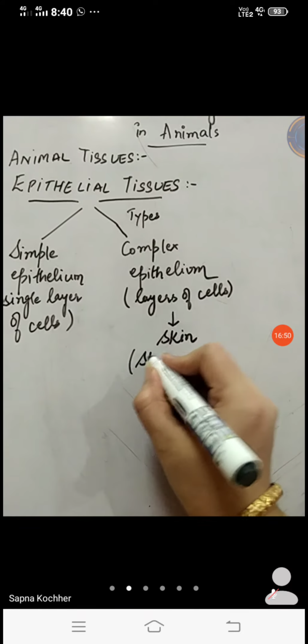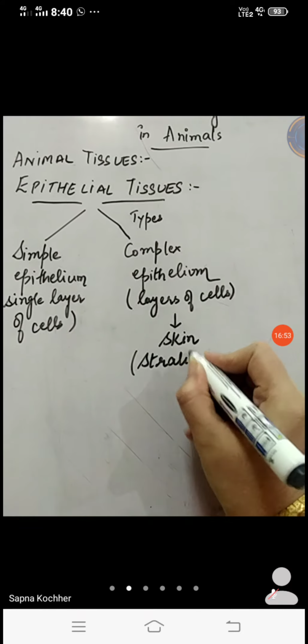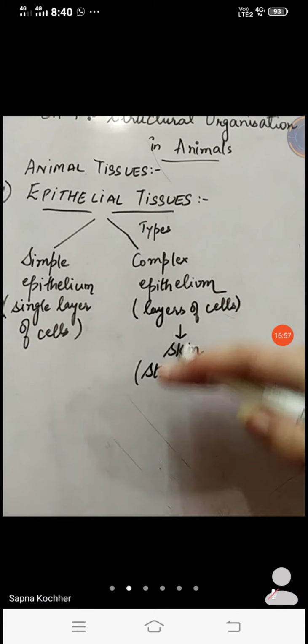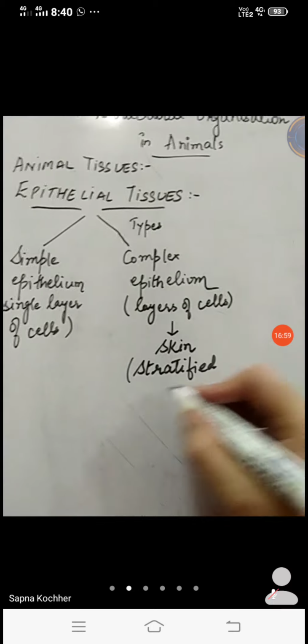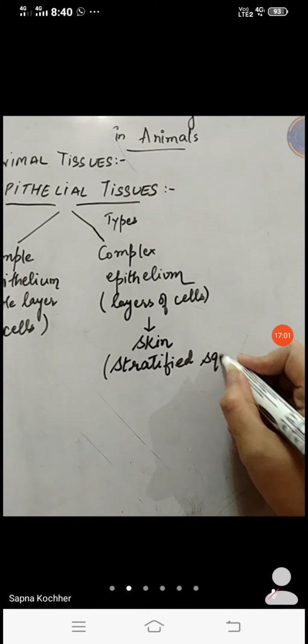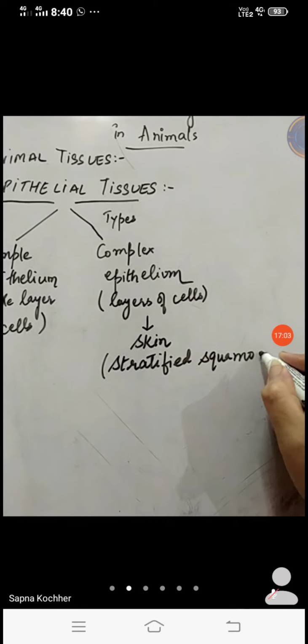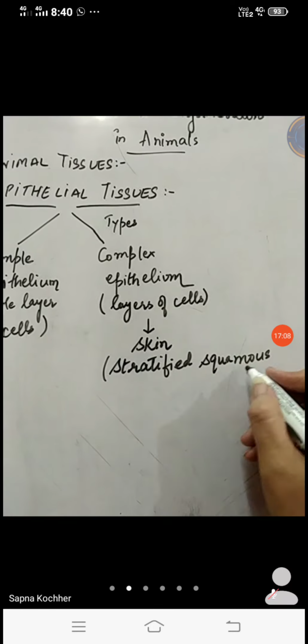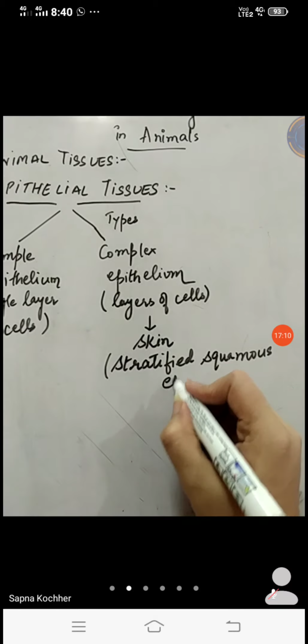The term stratified itself means that the layers are arranged one above the other, stratification. So the stratified squamous epithelium is the one found as the complex epithelium in the skin.